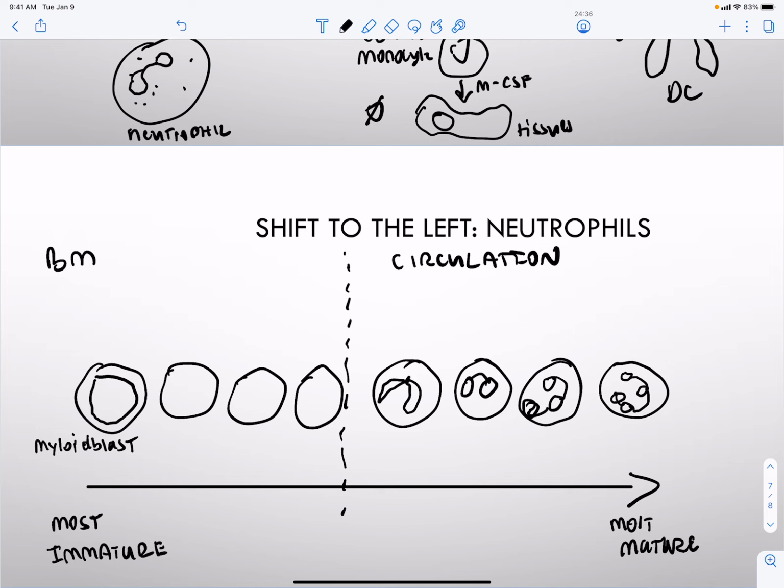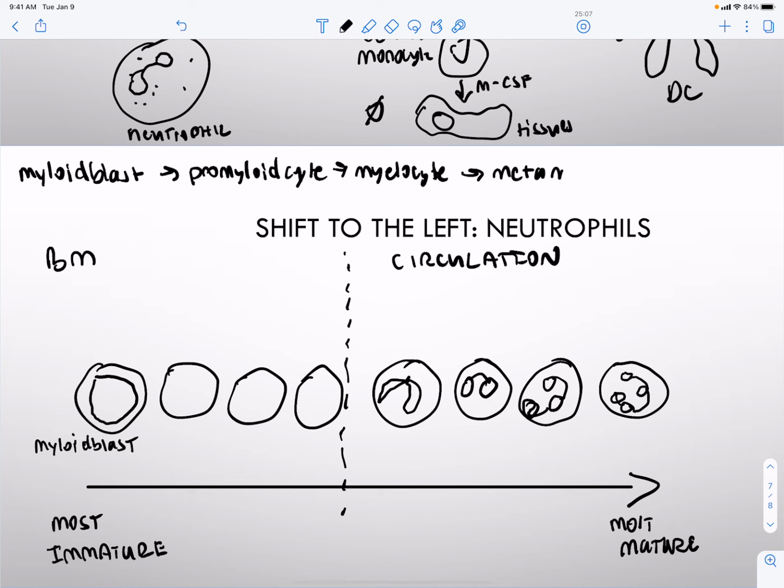And then you go on to your promyelocyte, to a myelocyte, to a metamyelocyte, to a band cell.